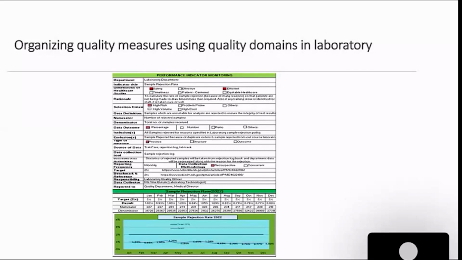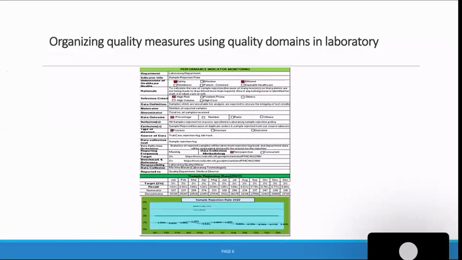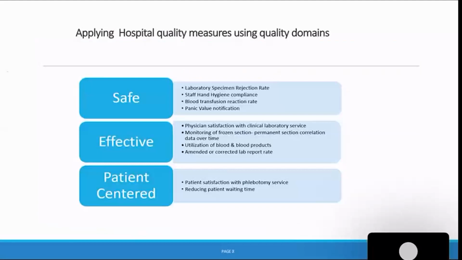And what do you think about effectiveness? For effectiveness, we need to use evidence-based practice, correct, sir? Yes, sir. So how are you establishing evidence-based practice in the laboratory? Now we are following the standards. Let's say our lab is CAP accredited and JCI accredited.